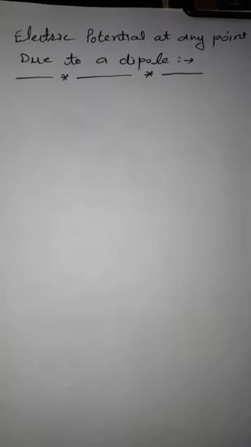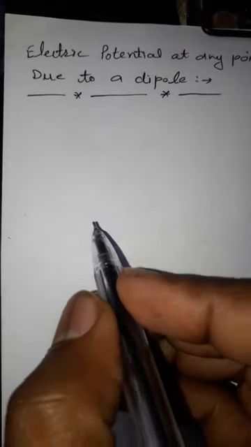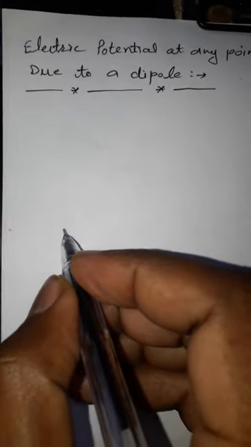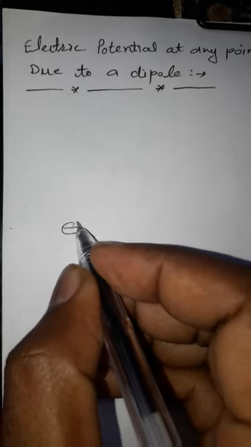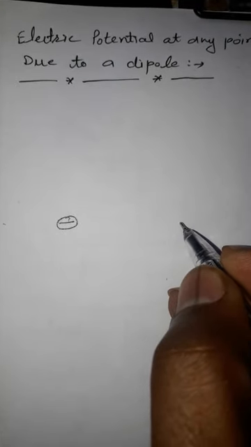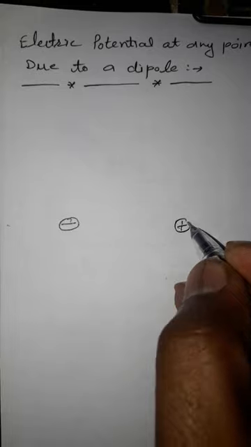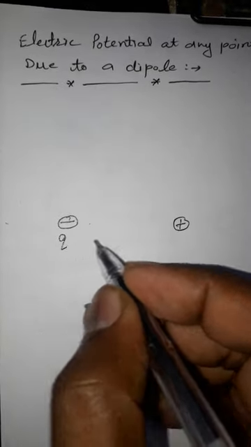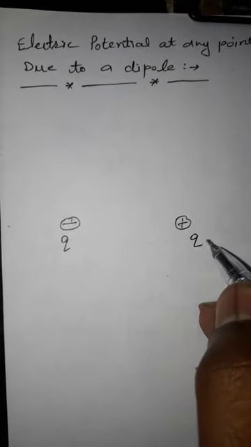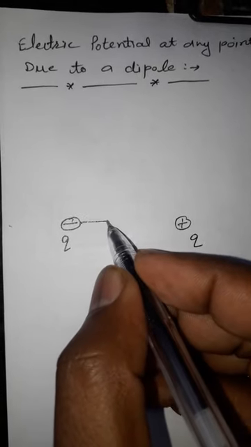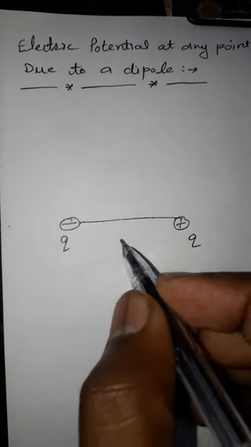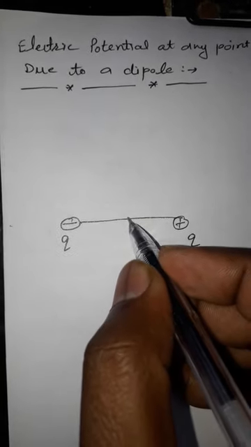So, for this, let us consider an electric dipole consisting of a negative and a positive charge q separated by a distance 2a.